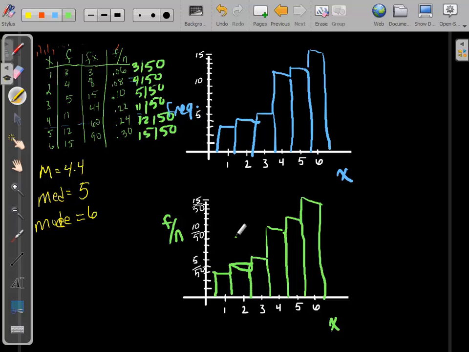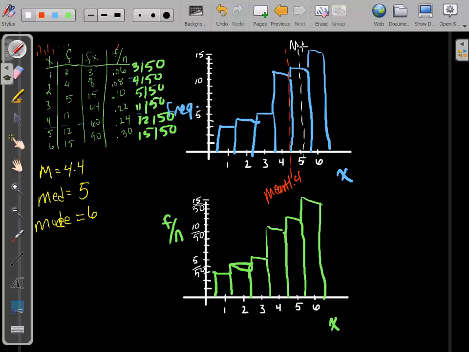Okay, let's use just this purple one, and let's put in the values for our mean, median, and mode. Okay, so I'm going to use, let's see, red, and I'm going to say just a vertical line to represent 4.4. So it's in here. This is 4.4. This is our mean. Okay, and this white, I'm going to put the median, which is up here at 5.